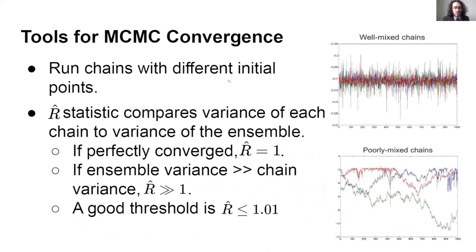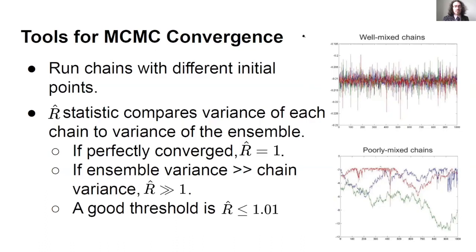One thing we can do is run identical chains with different initial points. And there's a statistic, the R hat statistic. The basic idea is if my chain is converged, and I run multiple chains, they'll all have the same statistics. In contrast, if I have chains that aren't converging well, then the statistics within the chains will not match the ensemble. The formula is a bit complicated, so I'm not going to put it here, but R hat compares the variance inside each chain to the variance of the ensemble of chains.